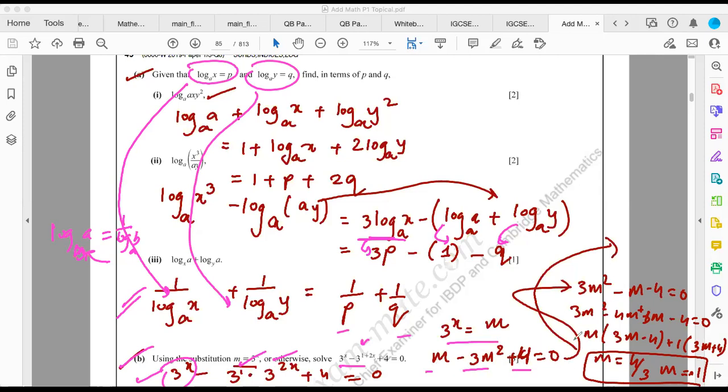If you bring everything to the right side, you get 3m square minus m minus 4 as 0. Factorize it and solve, you get m as 4 by 3 and m as -1. Since 3 to the power x can't be -1, this is gone. So 3 to the power x is 4 by 3, so x is basically log of 4 by 3 to the base 3. That's the answer to this particular question.